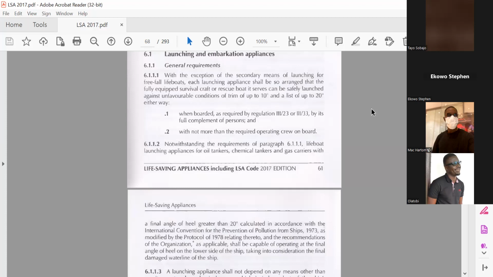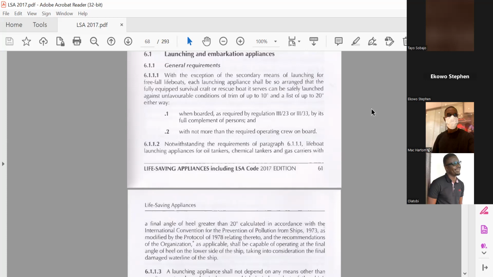If we have a trim, we require more wire, because the distance to the sea level is going to be deeper. The requirement says that even up to 10 degrees of trim and 20 degrees of list, we should still be able to launch safely. So the wire should be sufficient to launch at 10 degrees of trim and 20 degrees of list. That's what it means.